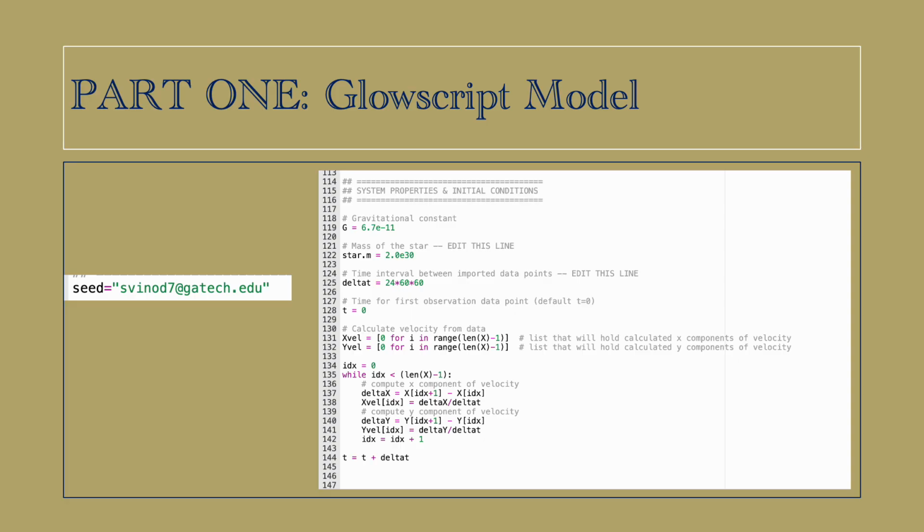So in order to get a very accurate measurement for the mass of the black hole, we need to know how the momentum of the star is changing at multiple instances in its orbit around the black hole. And here we have the seed, which generates different values for each different person. And I've inputted the gravitational constant, mass of the star that was given, time interval, and how to calculate the velocity, which is both the x and y components.